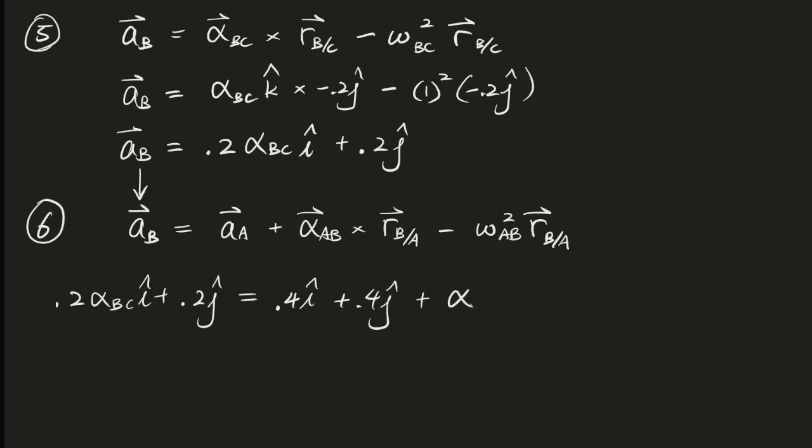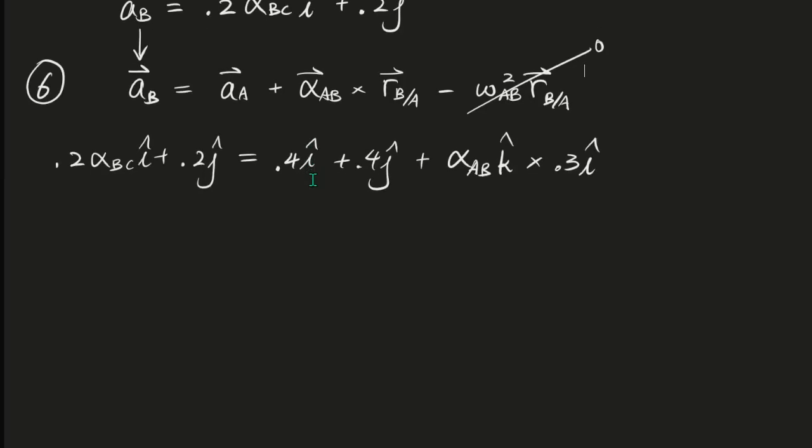So I will write that in terms of a scalar. So the magnitude of alpha AB in the k direction by assumption cross 0.3, which is 300 millimeters in the I direction. And from step 3 I know omega AB is 0, which results in this entire term being 0. So I don't have to write anything other than that.